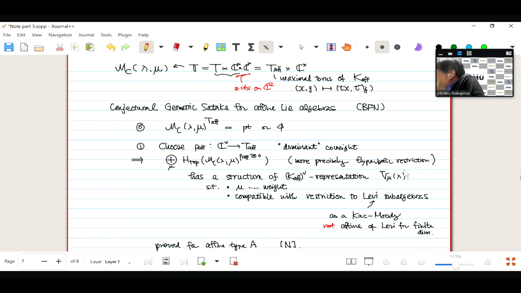And moreover, this representation is compatible with the restriction to a Levi subalgebra. So I briefly mention that.